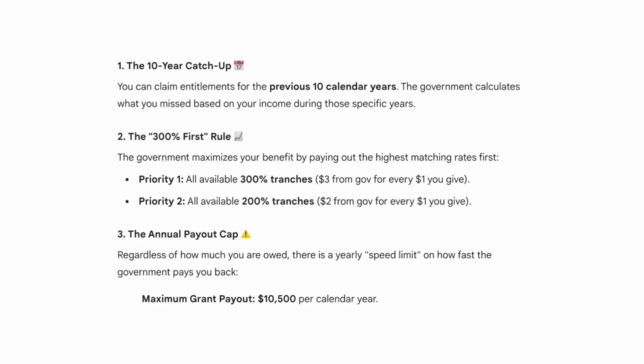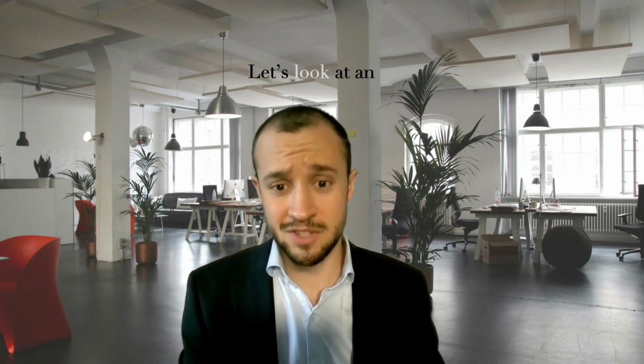Starting with grants, the government will always empty all available 300% tranches before they touch a single 200% tranche. I'll explain what this means in just a moment. The government also limits the total grant payout to a maximum of $10,500 per calendar year until all retroactive entitlements are caught up. Let's look at an example.